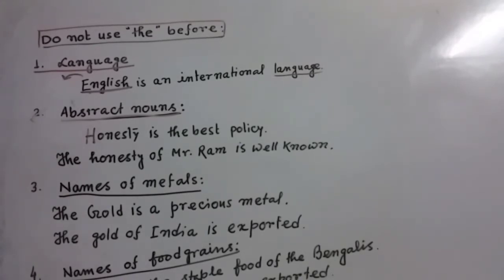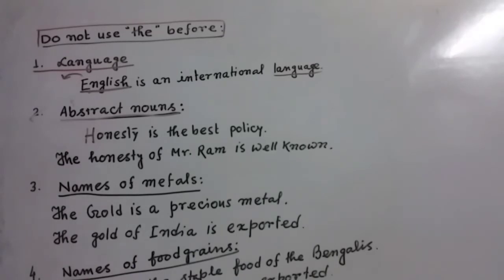But my dear friends, here one thing I should mention: if the abstract noun is particularized, or you can say the name of some person or some place is attached with it.